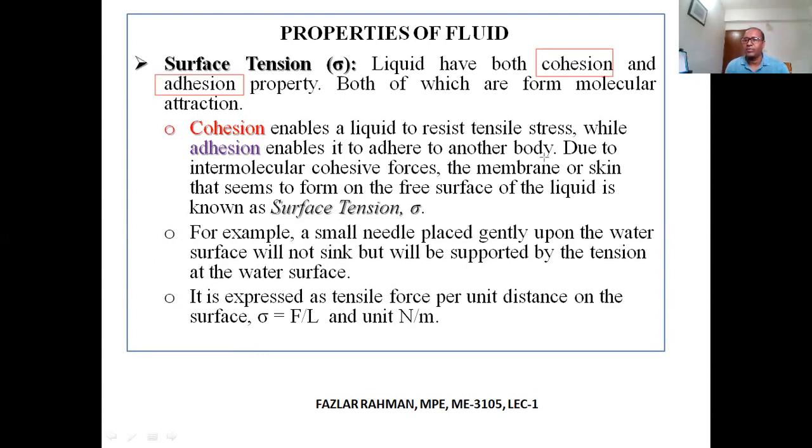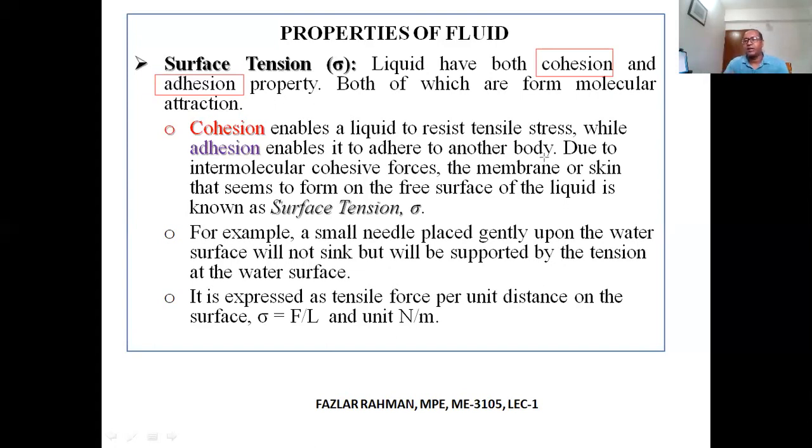Let me give you another example. You put your hand in the water, your hand will not be that messy. That means the water molecules have more cohesion; they don't like to stay with my hand. But if you put your hand in honey or tar, your hand will be more messy. That means they have adhesion property; they like to adhere to my hand.